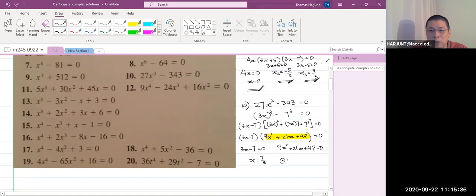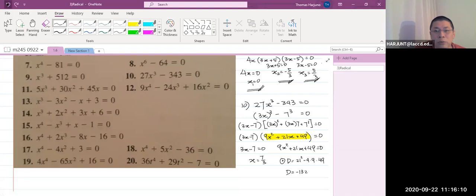Let me first compute the discriminant. The discriminant is 21 squared minus 4 times 9 times 49. That's 7 times 3, that's minus 3 times 21 squared, which is negative 1,323.